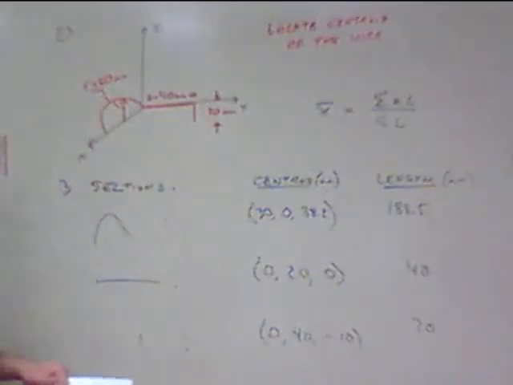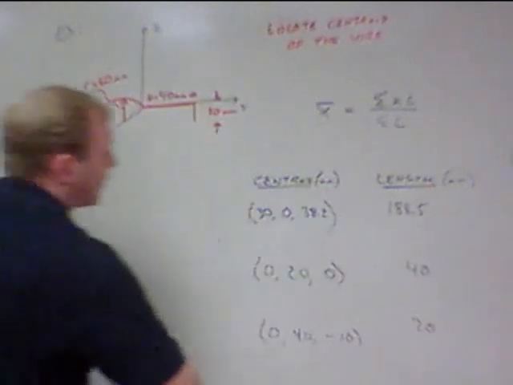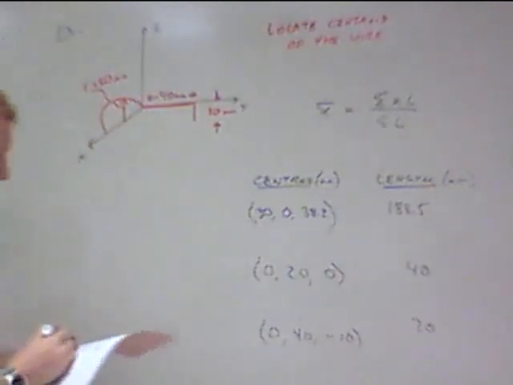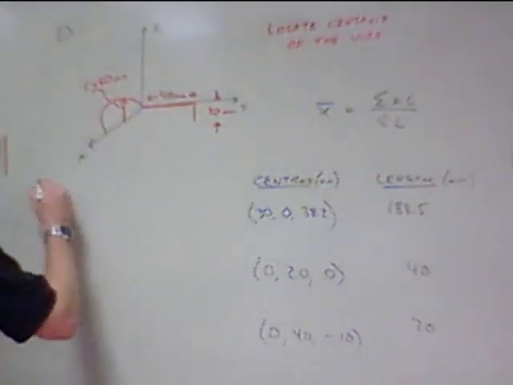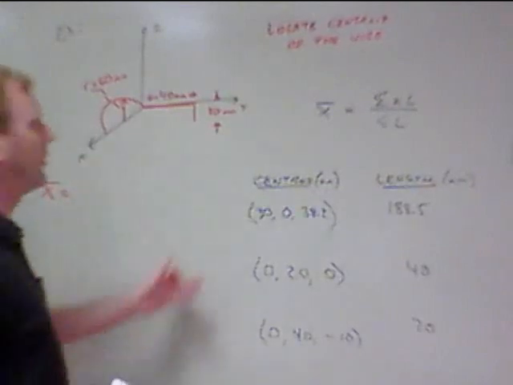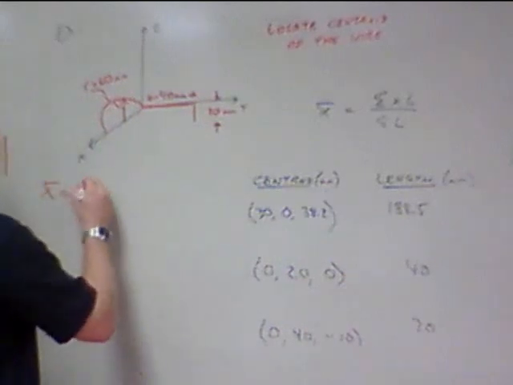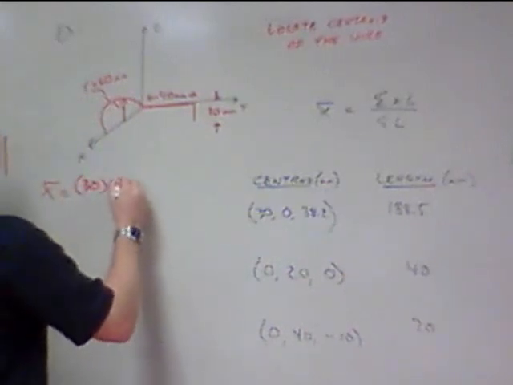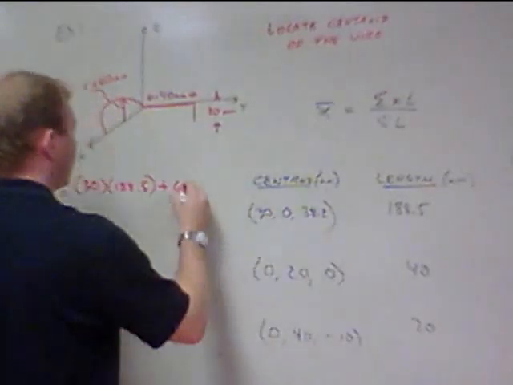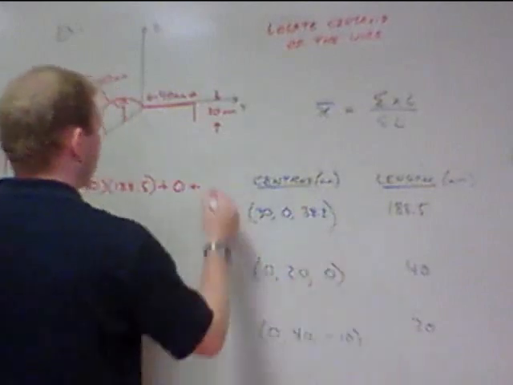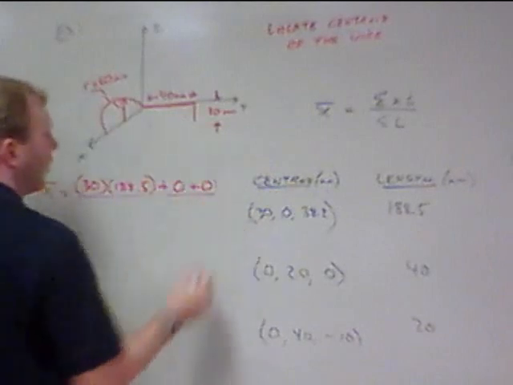Now we can go ahead and solve for the x, y, and z centroid here. The x centroid is going to be the summation of x times L for each one. So we have 30 times 188.5 plus 0 times 40 plus 0 times 20, over the entire length.